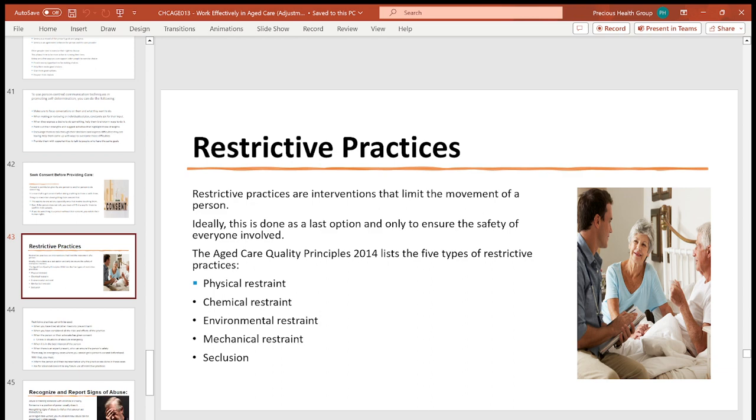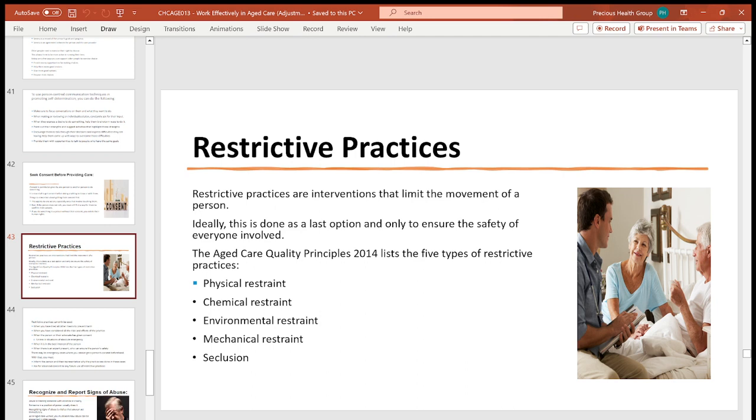For example, if someone has dementia and is a bit aggressive towards themselves and others, and this is likely to cause harm either to themselves or others, there is a possibility of using some medication to try to calm them down.